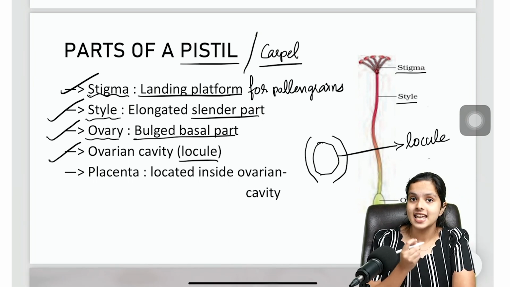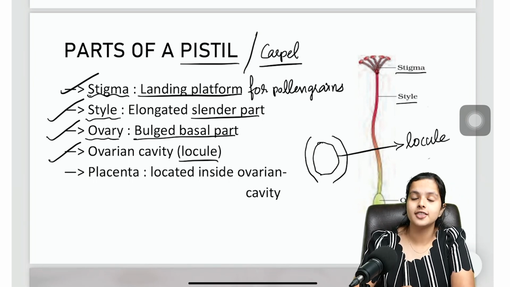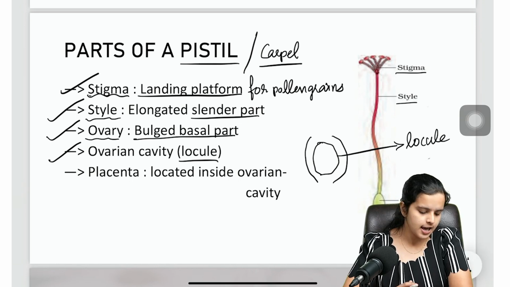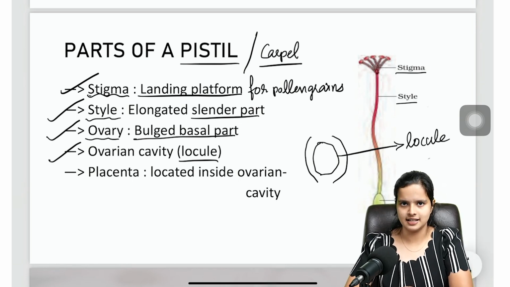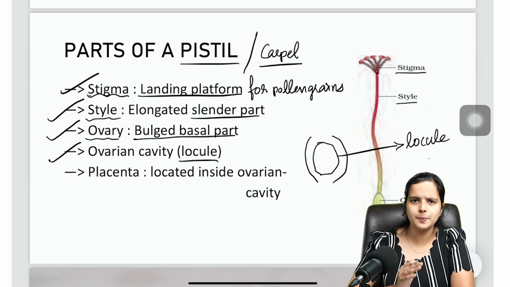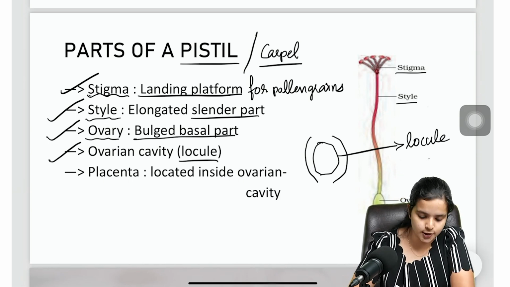Okay, and inside this locule you have the placenta. You've learned about placentation, haven't you? In morphology, if I'm not wrong, you have learned about different kinds of placentation. If not, I'll explain what a placenta is later on when we learn about the embryo sac and ovule. But simply keep in mind that inside the locule you have a placenta.